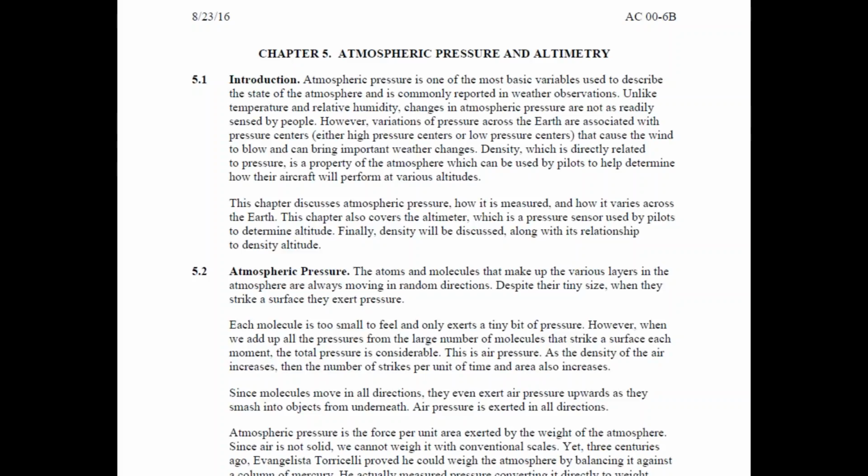So the fact that we plan everything with a standard atmosphere is simply to get us going for performance, and then after the fact we always adjust for, okay, this is what it's supposed to be, and this is what it actually is, okay?